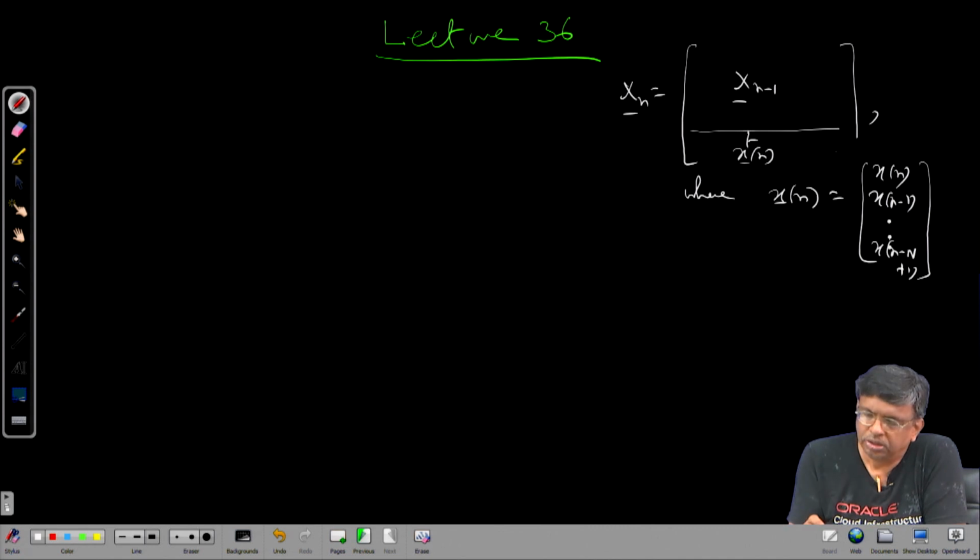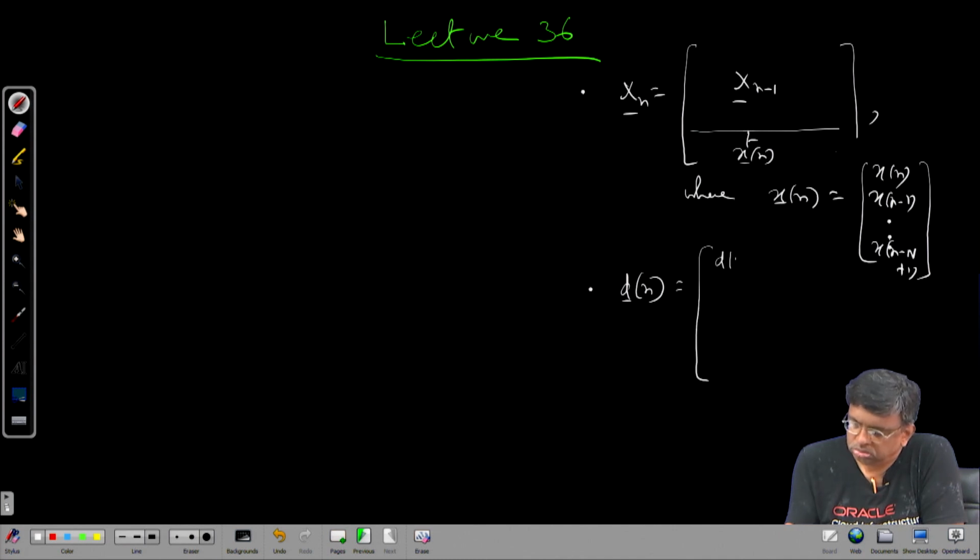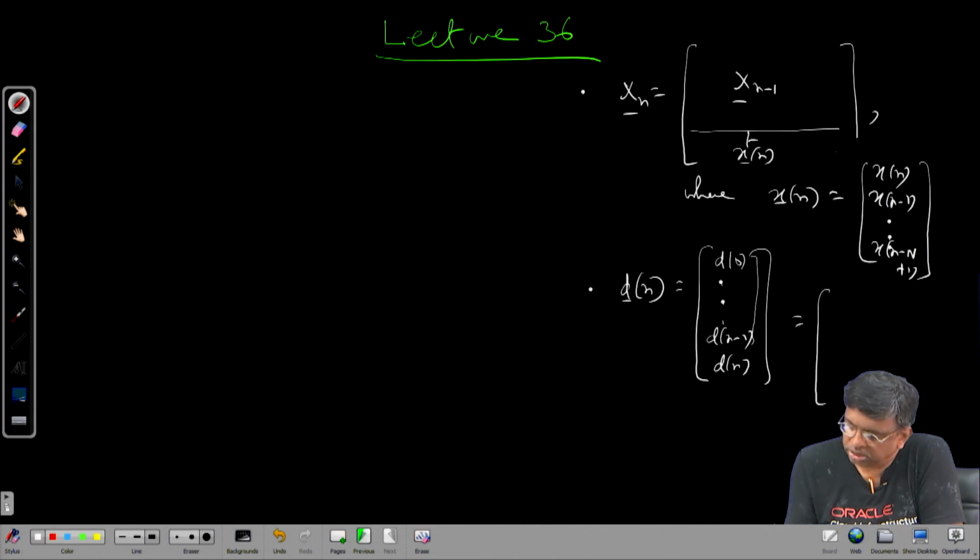There was one partition, another is d n. As we know, it was d n minus 1, then d n. So, this part you can write as d vector with n replaced by n minus 1 and then the current component d n.